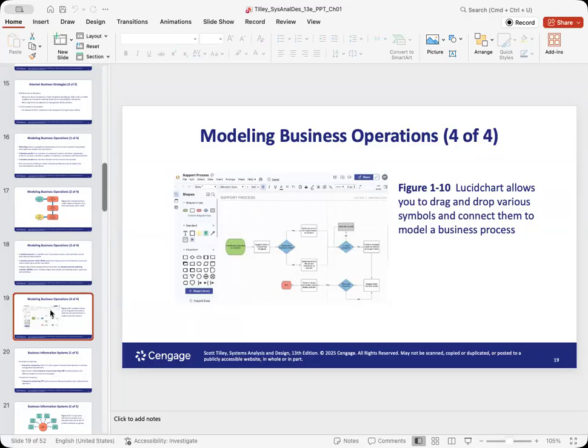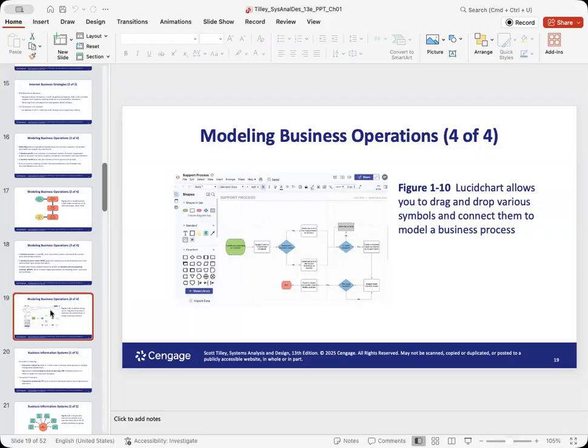I don't know how many of you are familiar with Lucidchart. There are other applications that you can use for this. We have draw.io. There is also a Microsoft software used to design diagrams, I've forgotten the name.